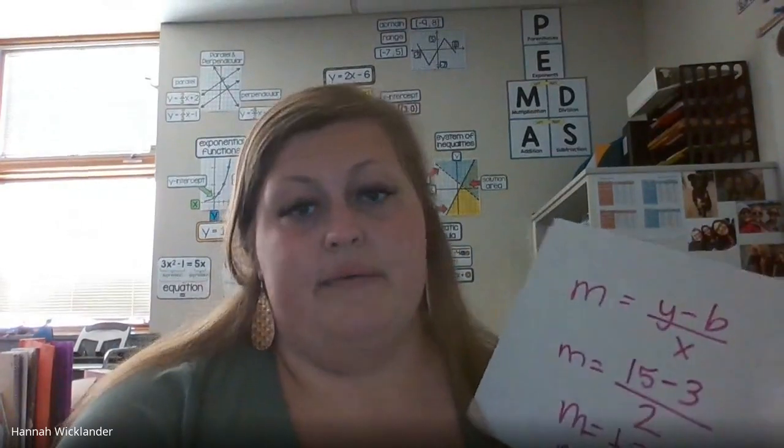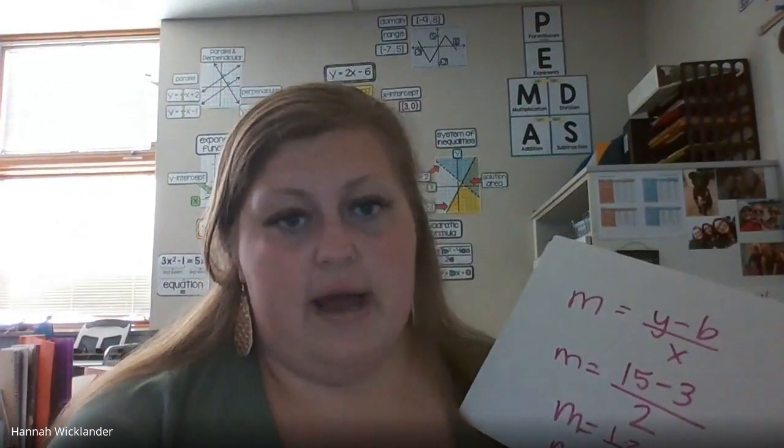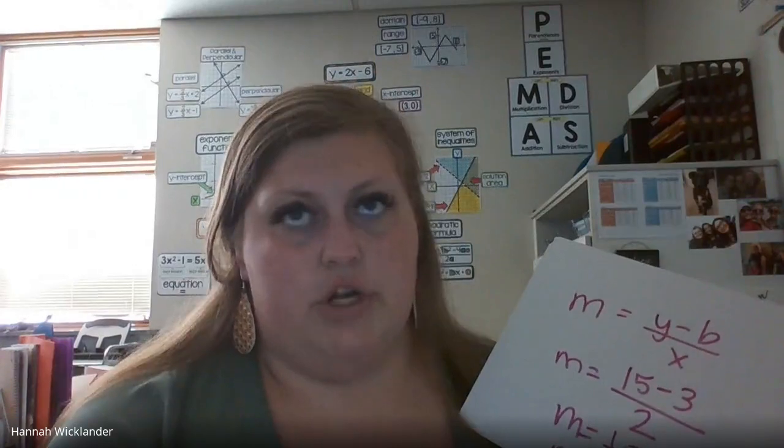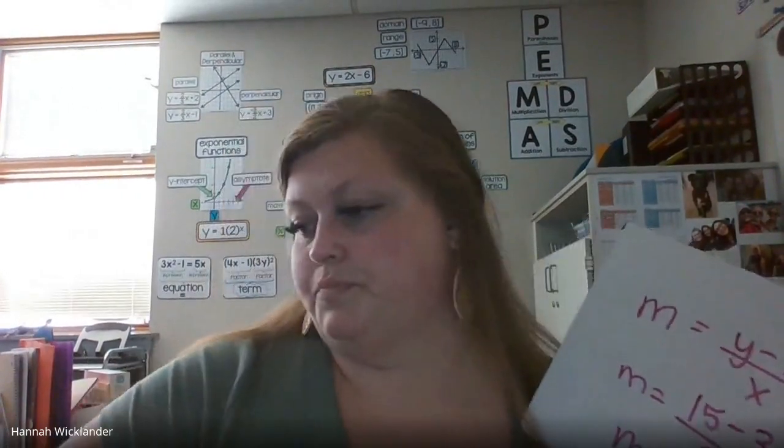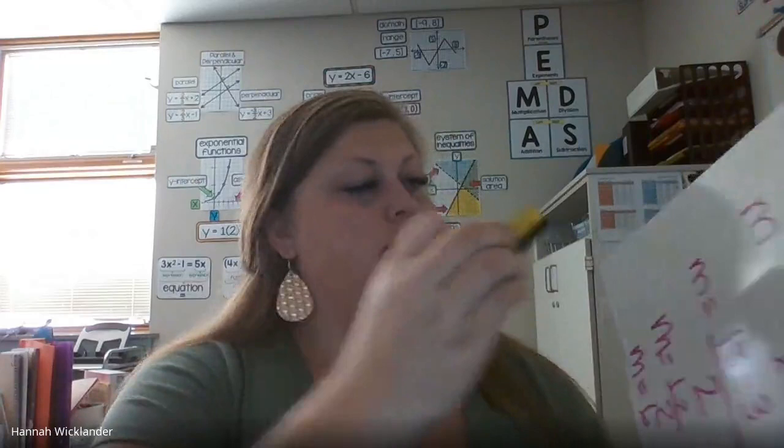So I'm going to do one more with you guys, and then the rest I'll let you do on your own for homework. There's 6 total. So I have P equals 2L plus 2W.